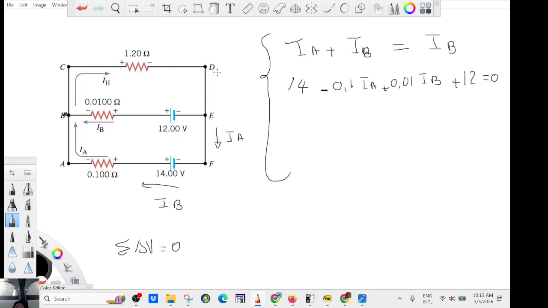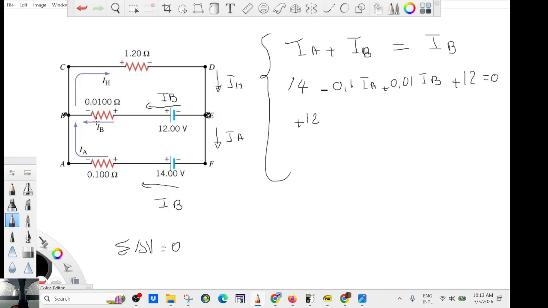So this is IH, this is IH, and now here it's water flowing. I have IB. This is IB. Agree? Because in the branch, there's the same current flowing. So from minus to plus, is it a drop or a rise, right? So plus 12.